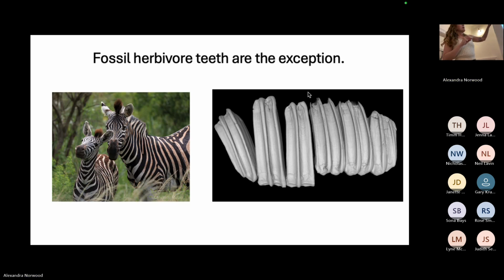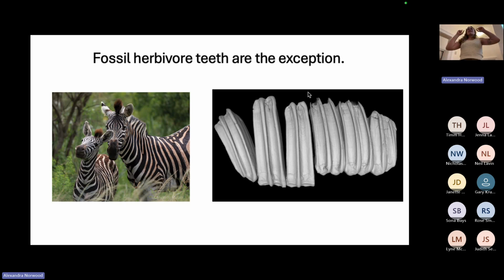So teeth are really exceptional for us as archaeologists because they are extremely hard. Your teeth are way harder than your bones. So they preserve in the archaeological and fossil record pretty well. They can take a lot of damage and not fall apart in the way that a lot of other materials don't preserve archaeologically.